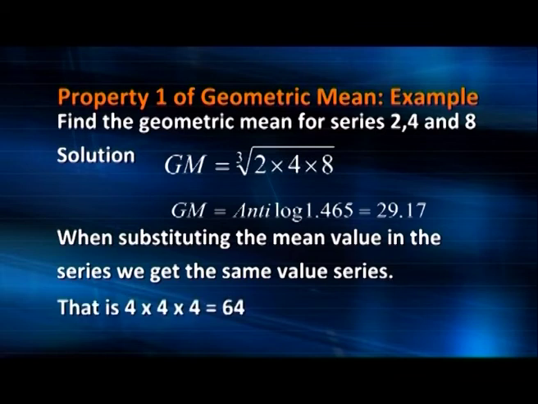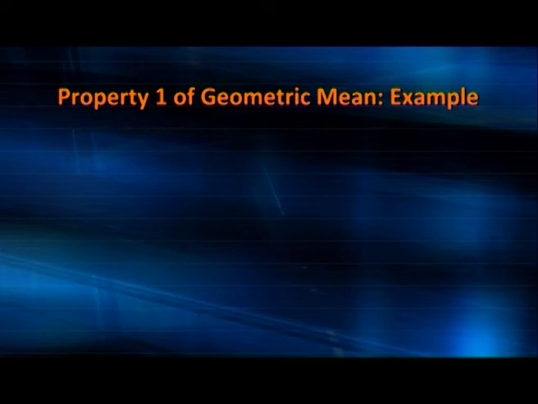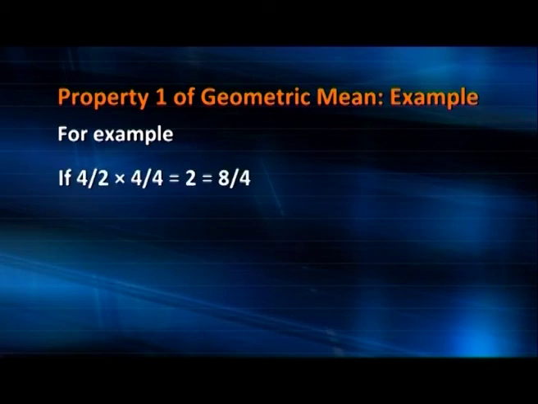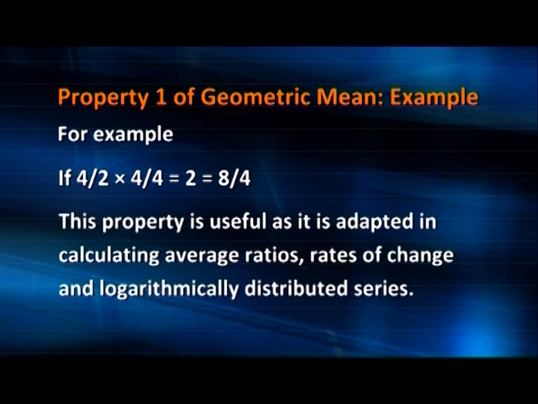That is 4 into 4 into 4, which will be 64. To illustrate the second property, here is an example. If 4 by 2 into 4 by 4 is equal to 2, which can also be represented as 8 by 4, this property is useful as it is adapted in calculating the average ratios, rates of change and logarithmically distributed series.